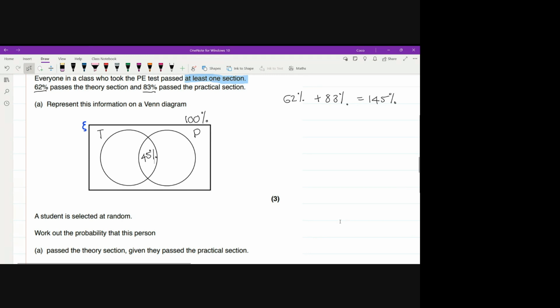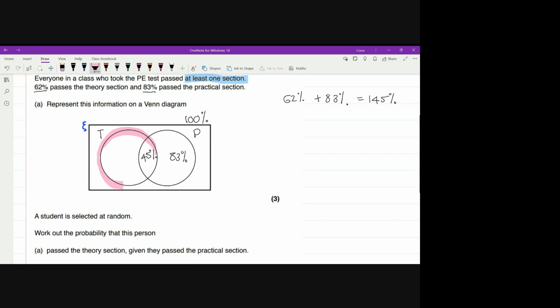All right. Now I'm still going to have a problem, guys. 62% of them passed the theory, and 83% of them passed practical. If I add all of this up, that gives me way more than I needed to. But remember, guys, 62% passed the theory.